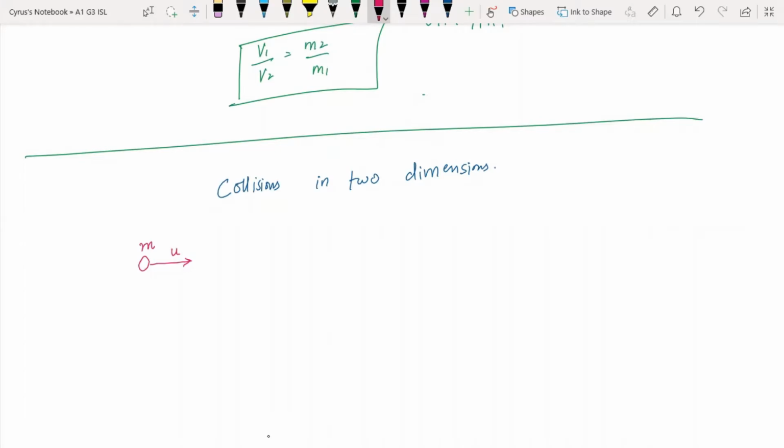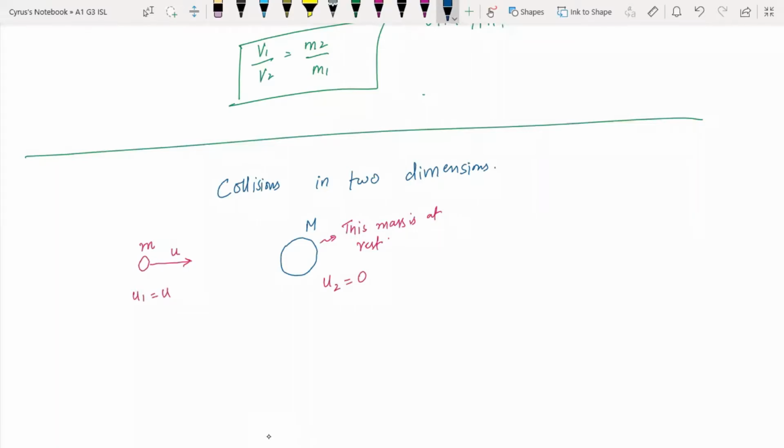You have another mass here, and for example, it was stationary, right? This mass is at rest. And here u2 is equal to 0. This was u1, this was equal to u, and this was at rest.